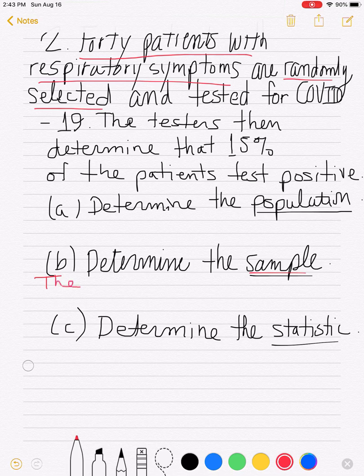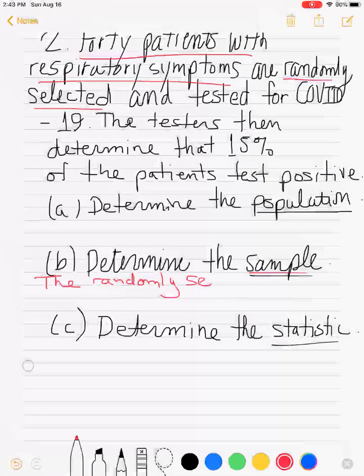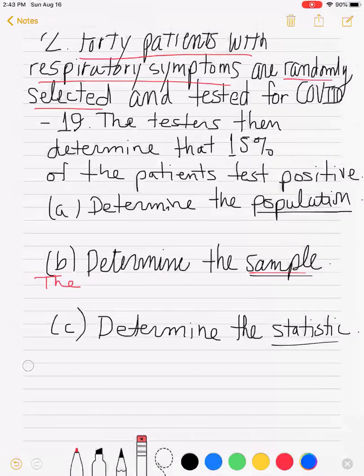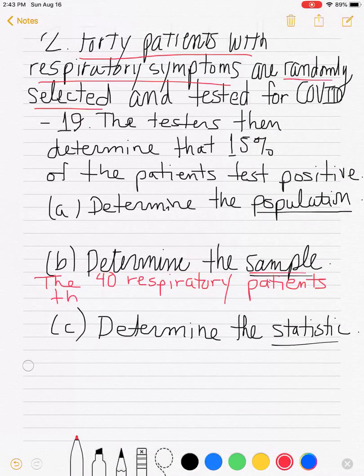The 40 respiratory patients that are randomly selected. That's a good way to put it.